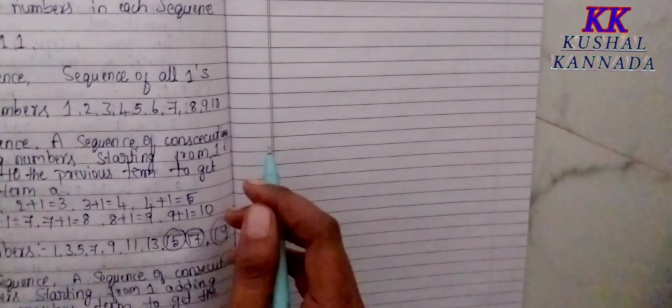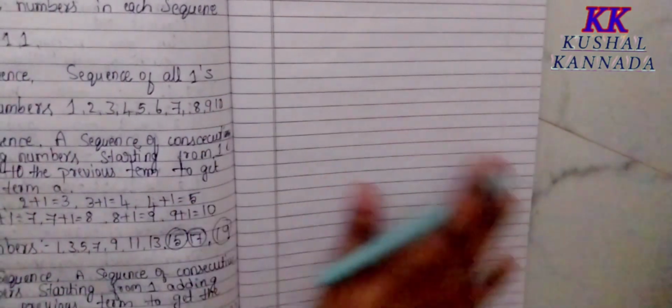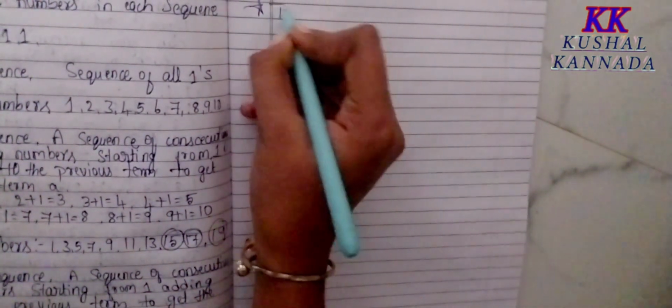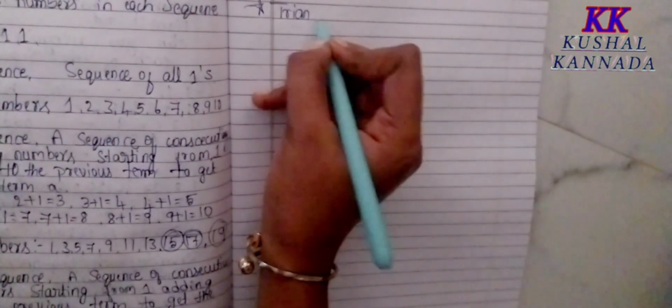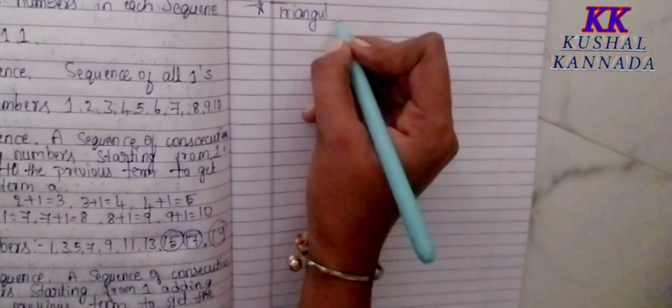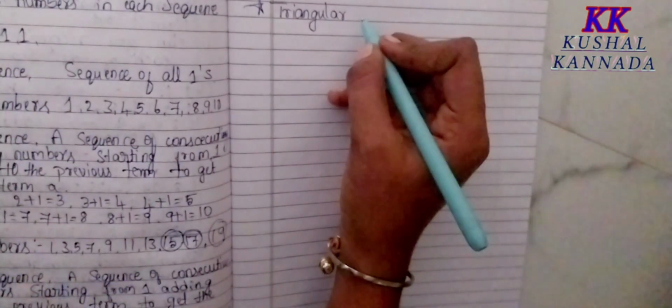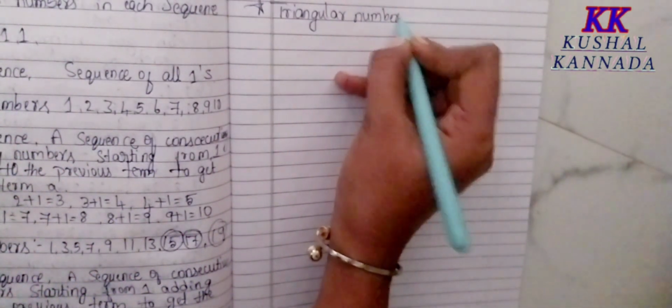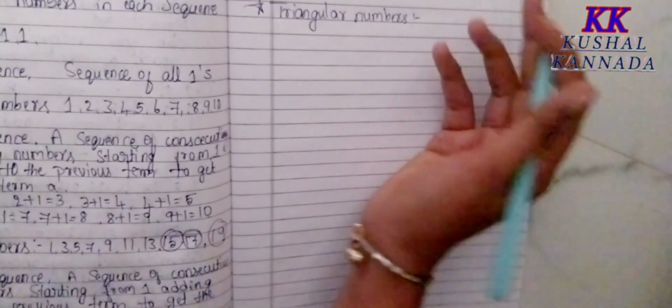Next is triangular numbers. Don't skip the video, okay? Triangular numbers.